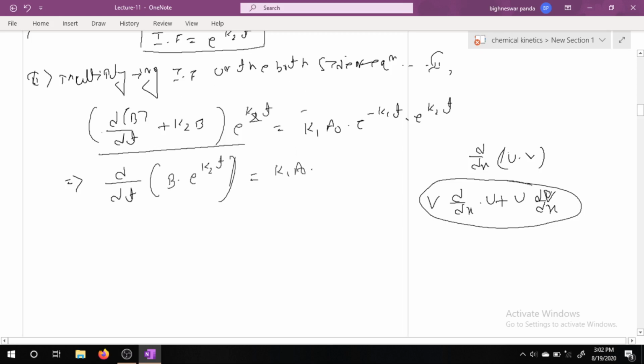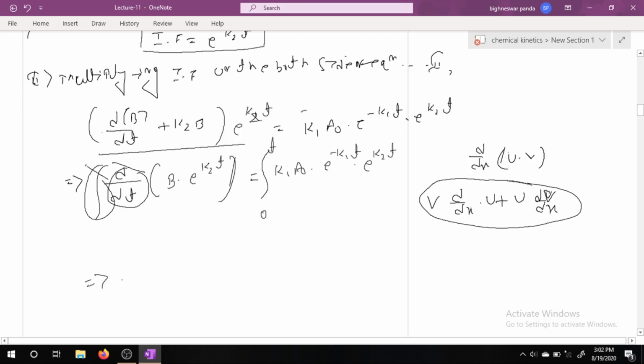Integrating both sides with limit 0 to t, the differentiation and integration can cancel together.